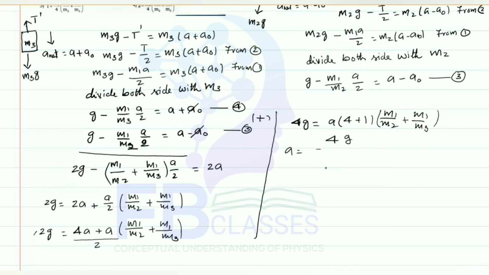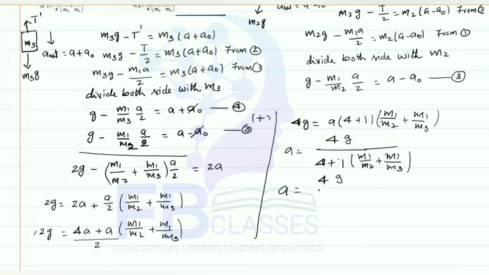So a is equal to 4g upon 4 plus 1 into m1 by m2 plus m1 by m3.